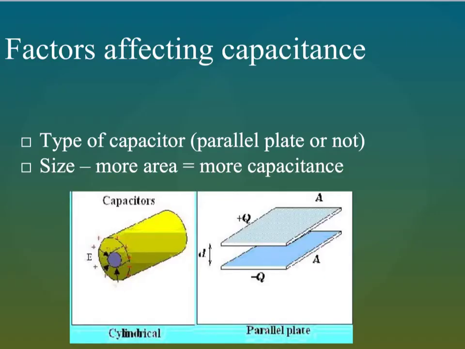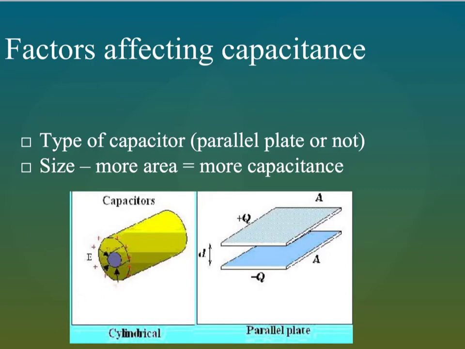Some of the things we can do to change how much capacitance a capacitor has is change the type. The examples I've been giving you here are what's called a parallel plate capacitor, where it's just two flat plates. You can also have ones, for example, like this, where you've got a rod inside and a cylinder outside, and one of them is positive and the other is negative.